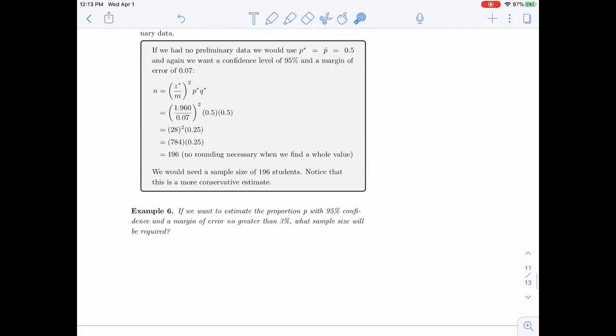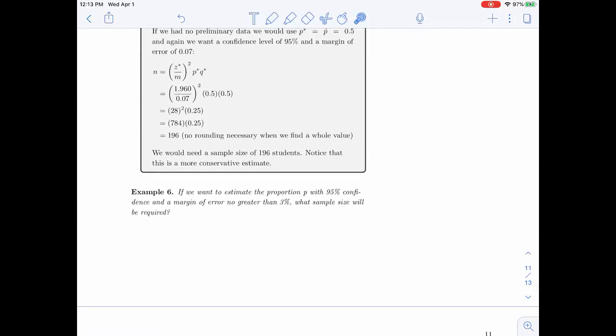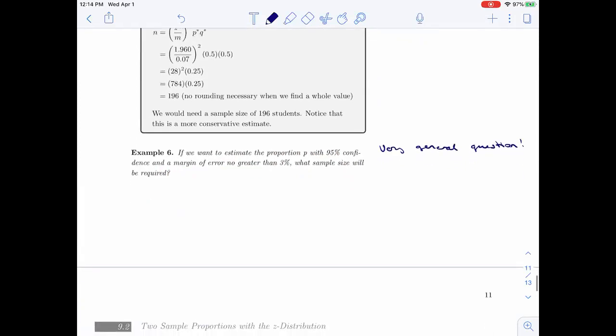If we want to estimate the proportion P with 95% confidence and a margin of error no greater than 3%, what sample size will be required? This is a very general question, because we're just saying, what if we want to estimate some proportion P, any proportion P, and we don't know anything about it.